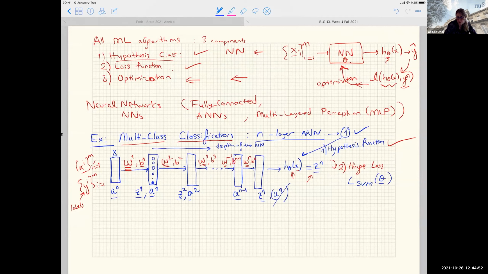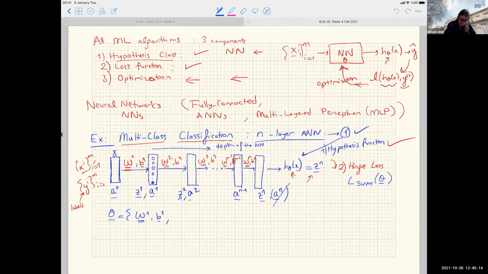Theta, remember, all these guys, omega 1, b1, we've been talking about this theta, the parameter vector. Typically we make it a vector, actually. We vectorize it, although I have matrices.